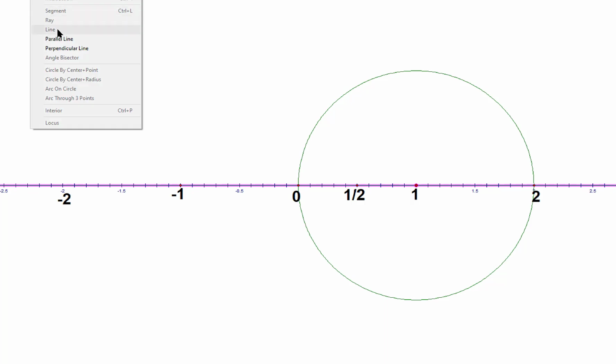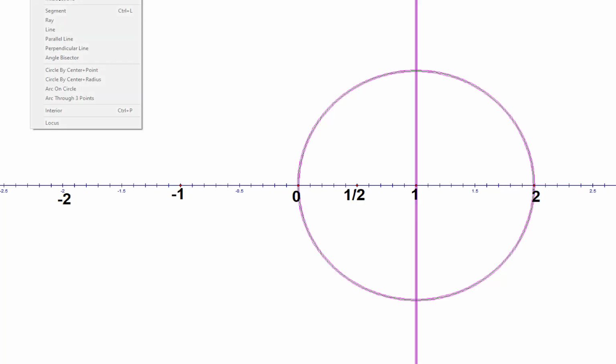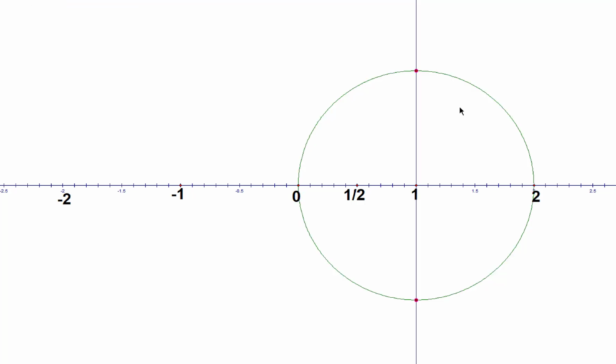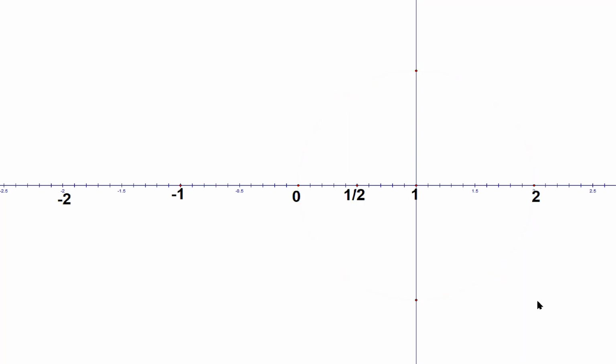Let me get a perpendicular line, and let me get an intersection here. If I go ahead and take the circle away, and let's take this away as well.